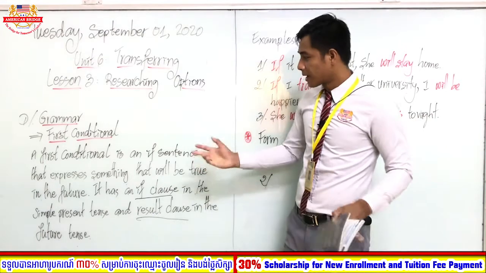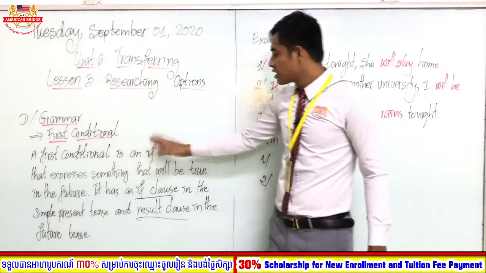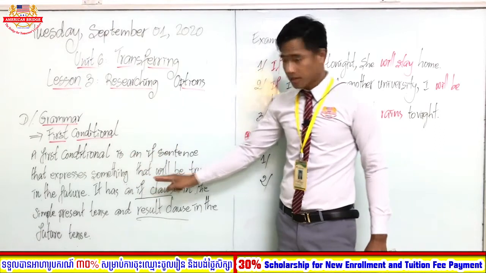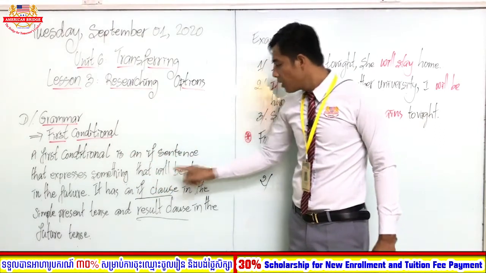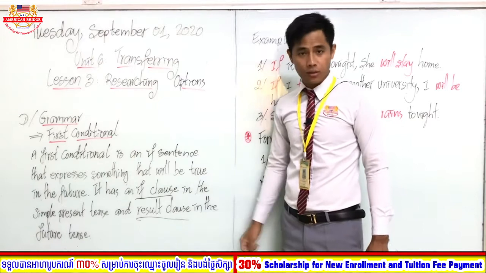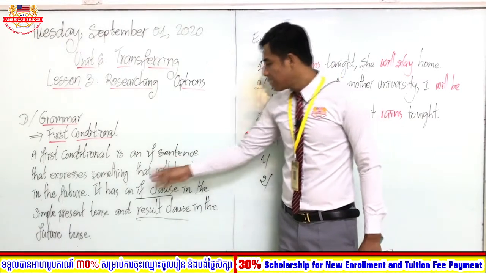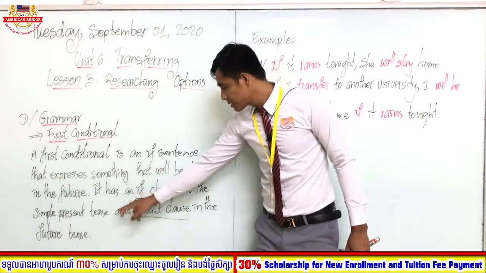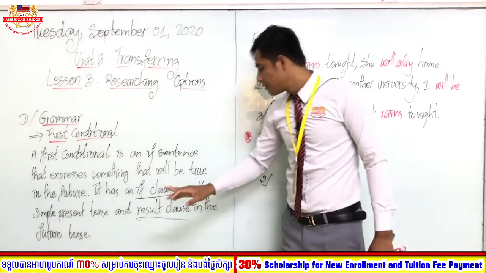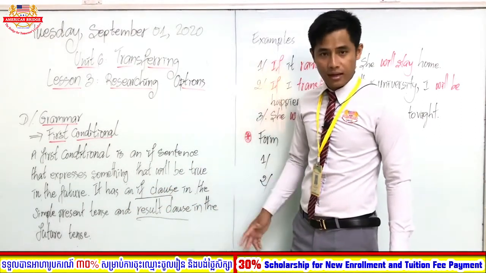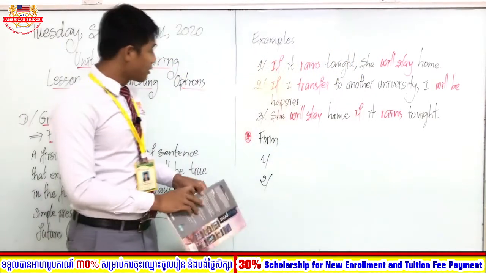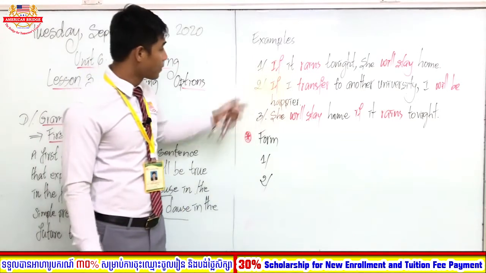So again, a first conditional is made up of an if clause in the present simple tense and a result clause in the future tense. Alright, to make sure that you understand these definitions, please take a look at the example.